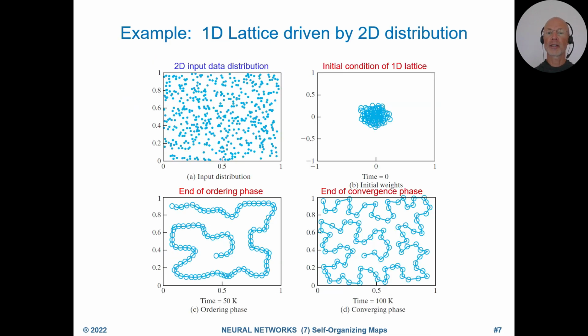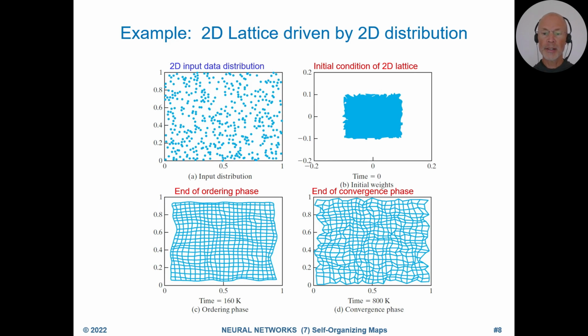Let's take a look at a few examples. First, we have a 2-dimensional data distribution, and we are fitting a 1-dimensional SOM network to this data. You can see the initial condition, and then the end of the ordering phase and the end of the convergence phase, which shows how the 1-dimensional structure properly represents the 2-dimensional input data.